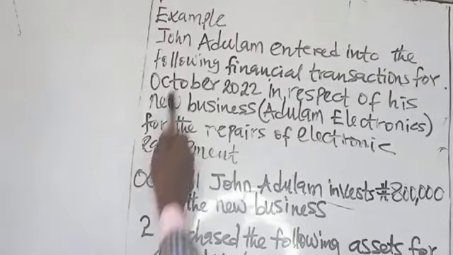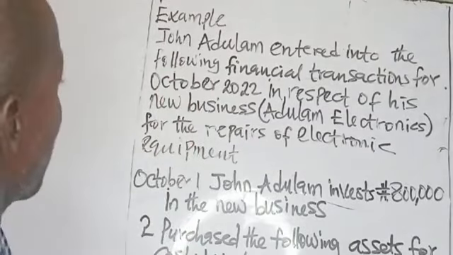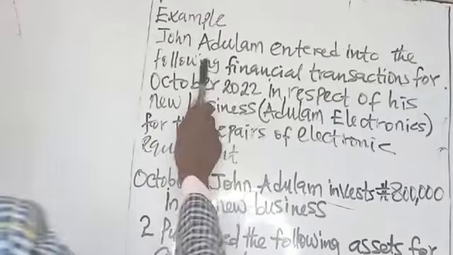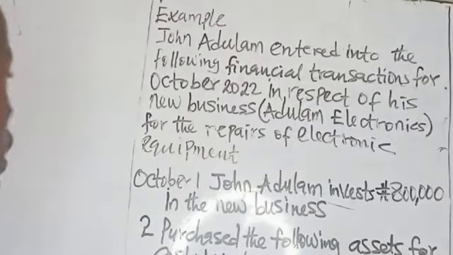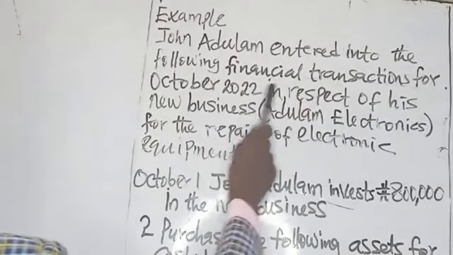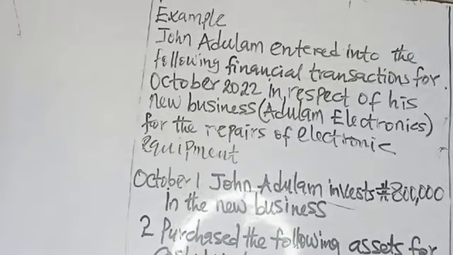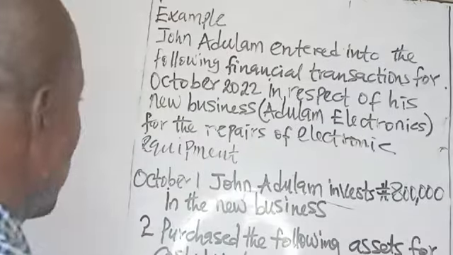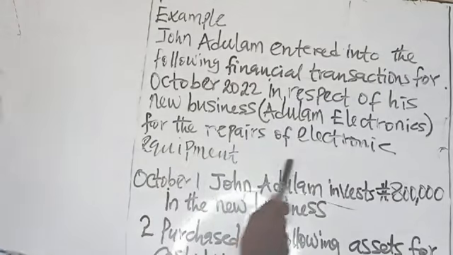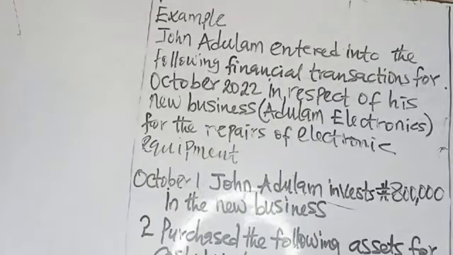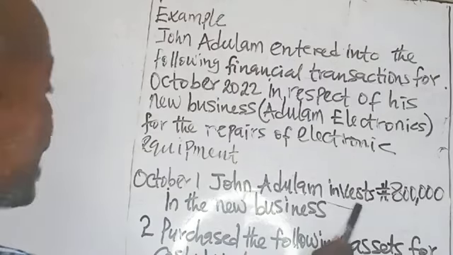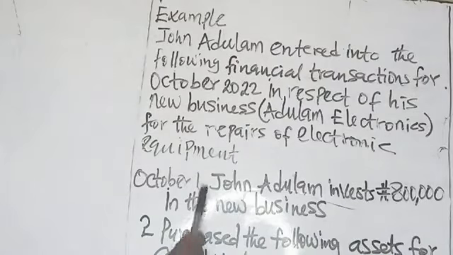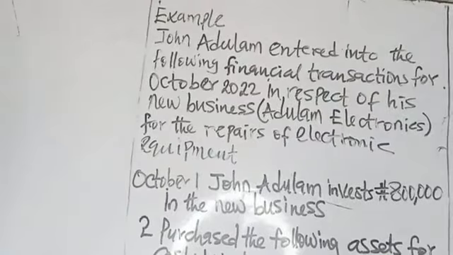Example: John Adulam entered into the following financial transactions for October 2022 in respect of his new business, Adulam Electronics, for the repairs of electronic equipment. October 1st, John Adulam invests 800,000 naira in the new business.